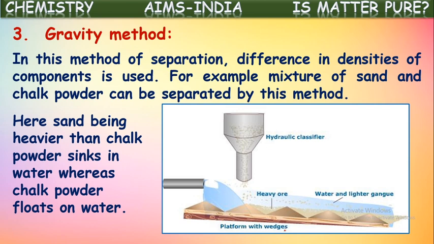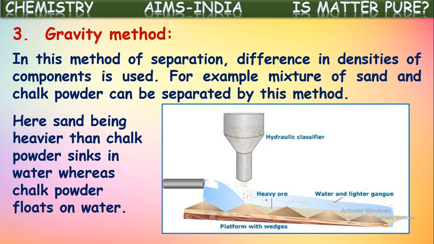Generally, in the ores also, they separate some lightweight particles from the metallic ores by this gravity method. So what they are doing here, they take some water flow and make this water run at high speed on a platform with wedges, ups and downs. Into this water flow, they pour this ore.